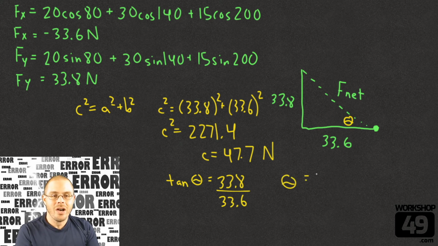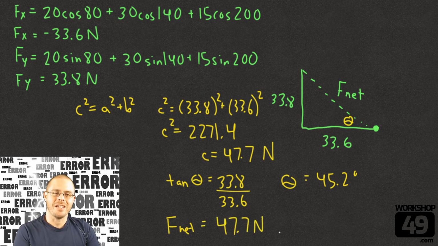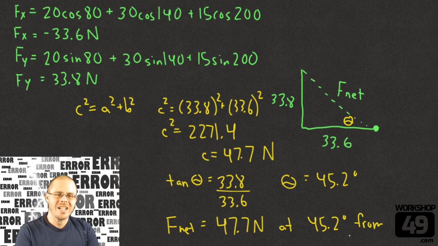We can plug that into the calculator and we're going to get that theta equals 45.2 degrees, and now we have a magnitude and we have an angle, so our final answer is force net is 47.7 newtons at 45.2 degrees from the x-axis. Just like that, we have our vector.